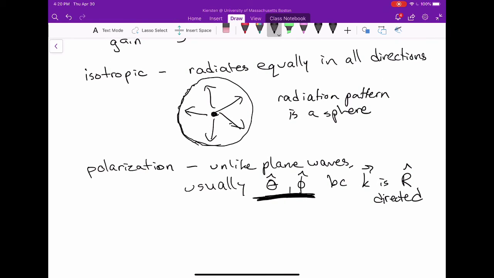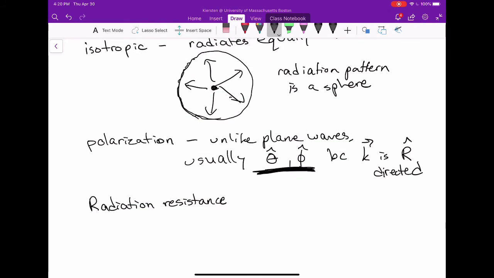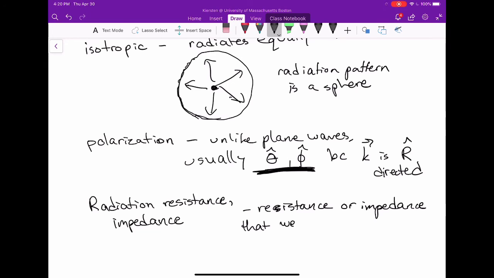We also have radiation resistance, and more generally, impedance. And these are the resistance or impedance that we could replace the antenna with in a circuit and get the same terminal voltage and current.